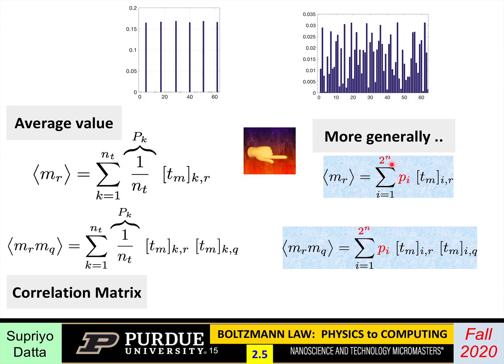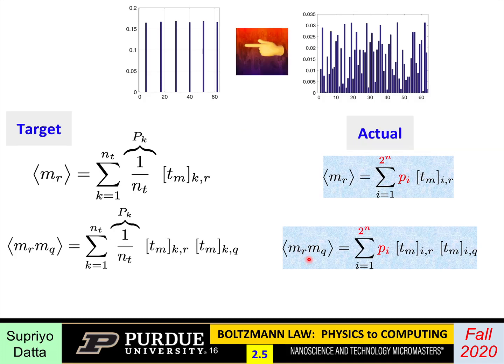It's like every configuration contributes. So you have to put in the probability of that configuration, the equilibrium probability, and then sum over all 2 to the power n configurations.